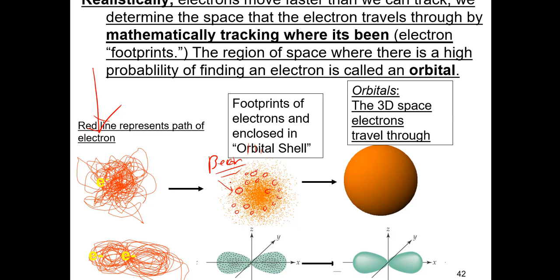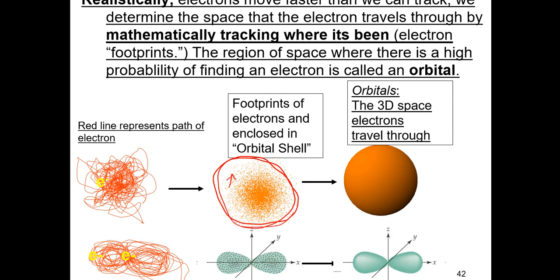So pretend that the electron was jumping around like it's a flea, and every time it jumps around, it leaves a footprint of where it's been. So here it was here, then it was here, then it was here, then it was here. These footprints allow us to come up with a nice orbital shell to enclose the space of where there's a high probability of finding the electron.